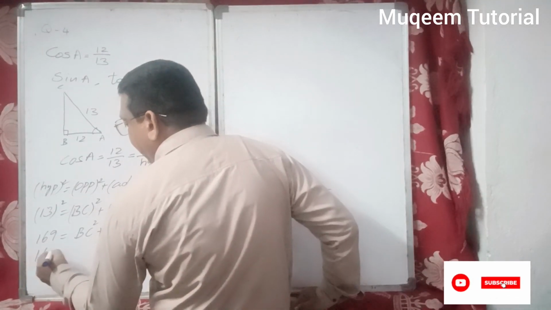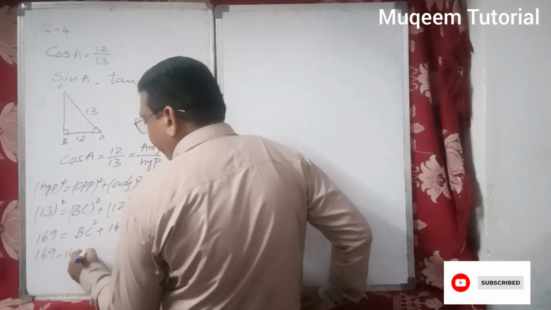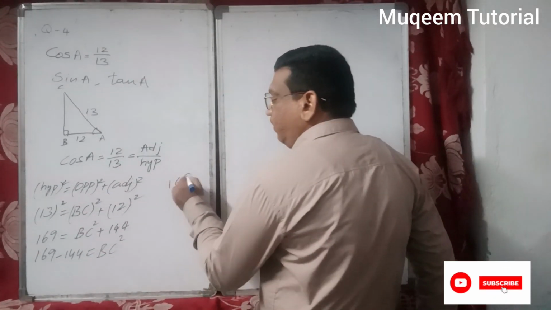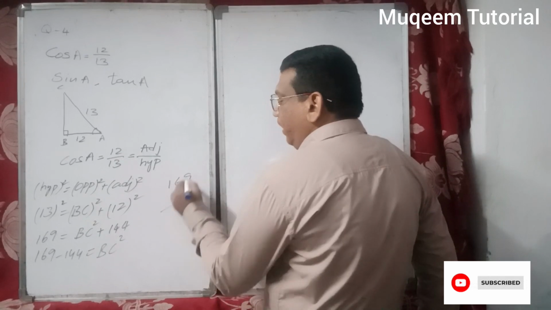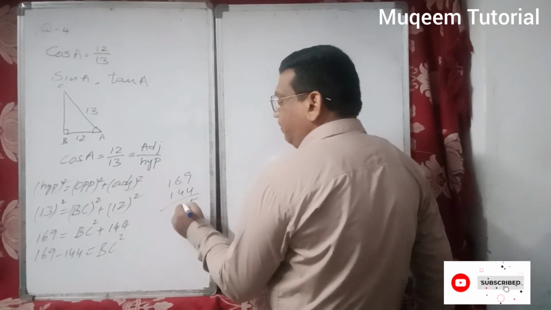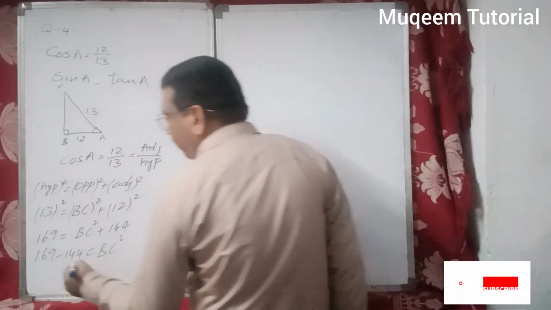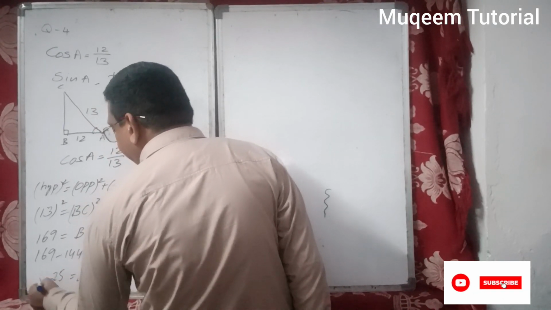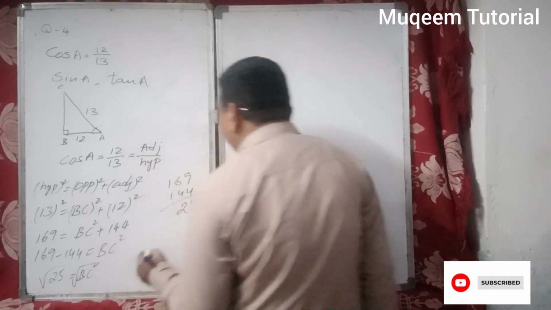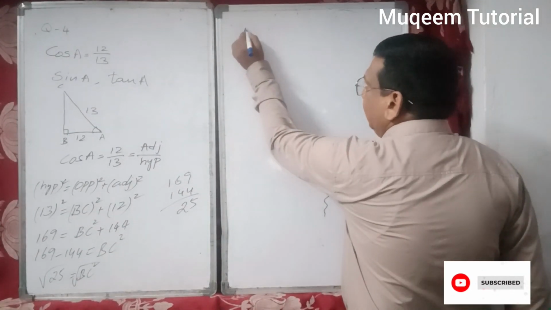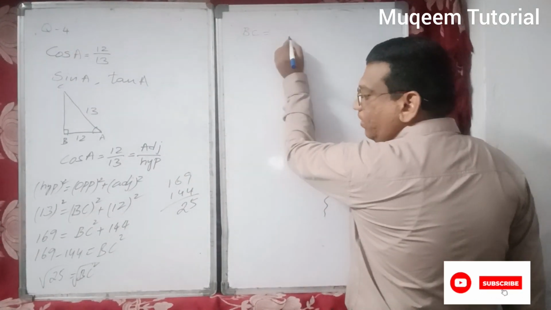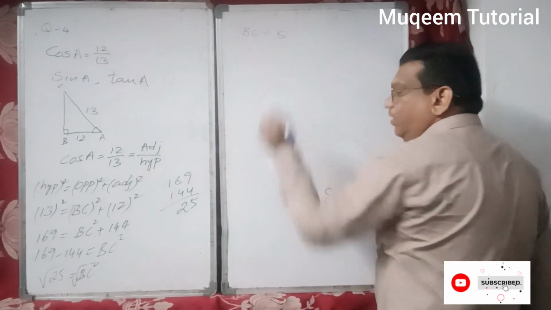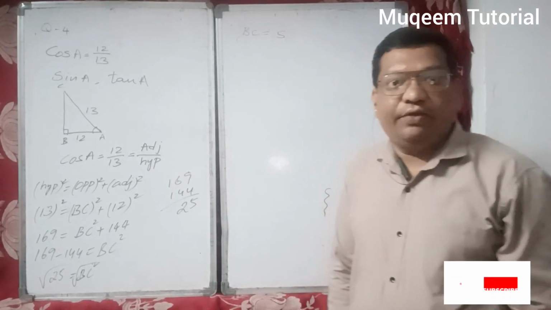So 169 minus 144 is equal to BC square, which is 25. BC square is equal to 25. When we take the square root, BC is 5.